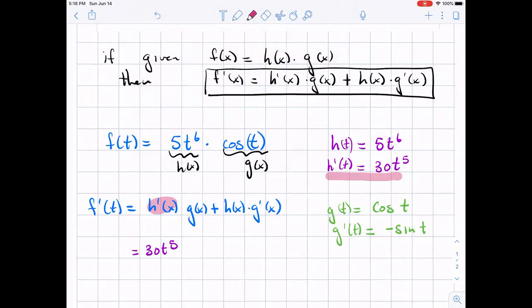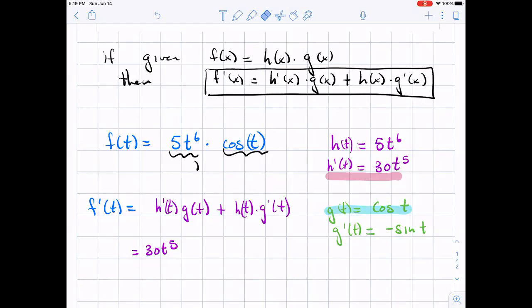And then we have g of x. All of these are supposed to be functions of t, so let me change them and write the t's. I keep writing x's. So this will be h prime of t times g of t plus h of t times g prime of t.